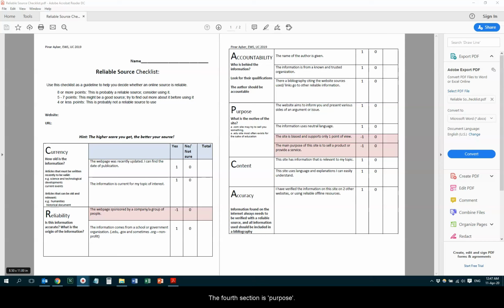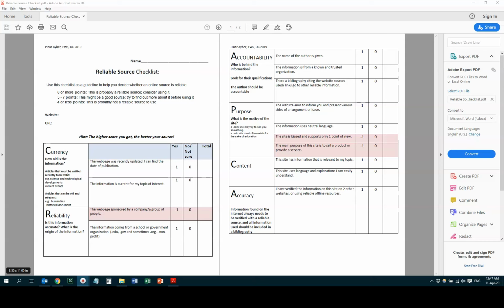The fourth section is purpose. What is the motive of the site? What are they trying to get across to you? Are they trying to inform you and share knowledge? Do they use neutral language, or are they biased, leaning from one side to another?